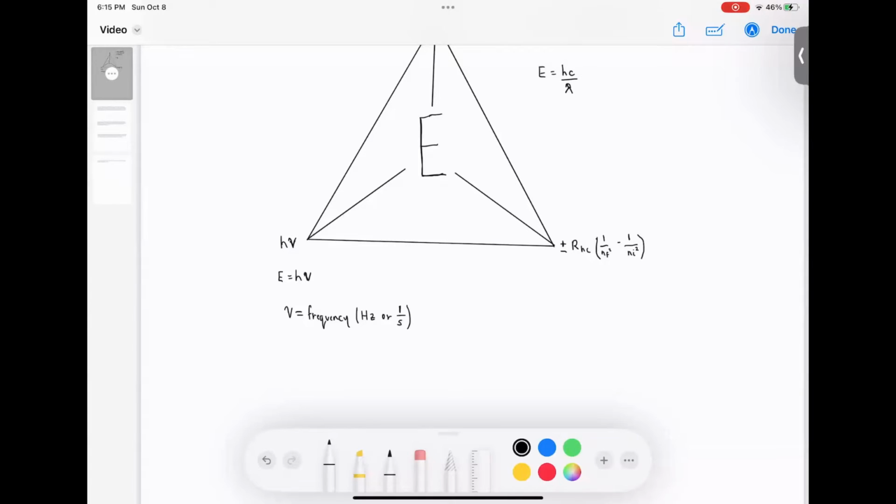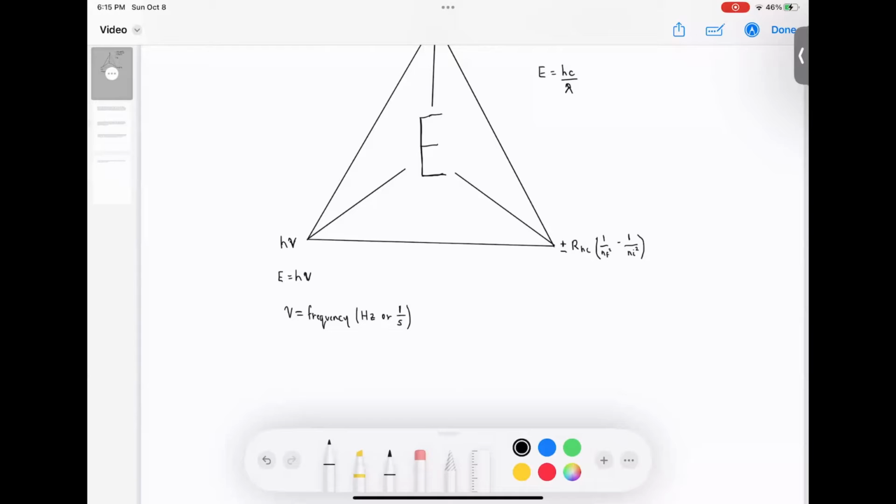You may see it as s to the power of -1. That's the same thing as 1 over seconds. I highly encourage you to express it as 1 over s, because that is easier to work with when you're canceling out units. So E is equal to Planck's constant times frequency.